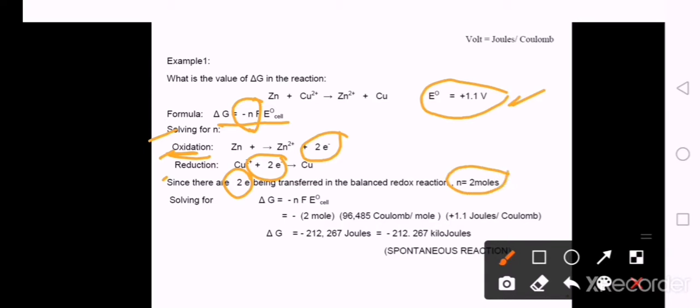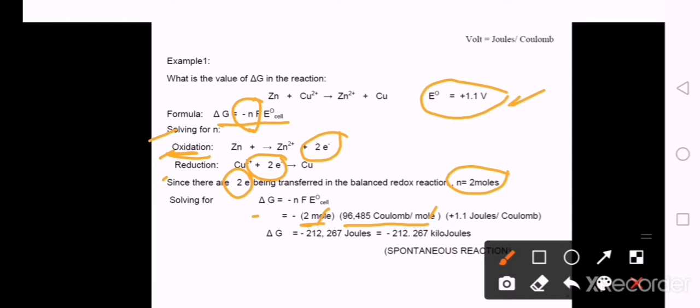Okay, so we can now solve for the Gibbs free energy or the delta G, having 2 moles for the N. So ito yung N. Of course, the Faraday's constant is 96,485 coulomb per mole. So for this case, the mole here and ito naman per mole will be cancelled.